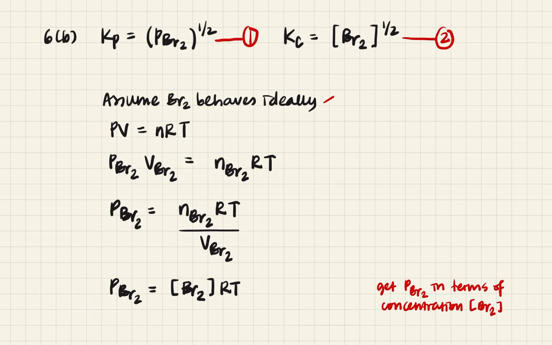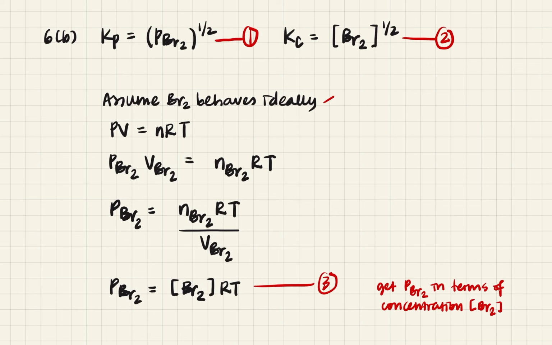So what you're going to do is rearrange your formula to get concentration, where number of moles is over volume. So this will be your concentration of Br2. Okay, so then you will get this. So once you get this, it will be your equation number 3.